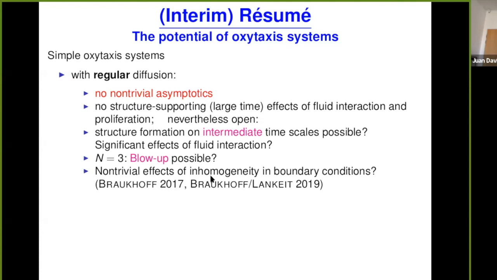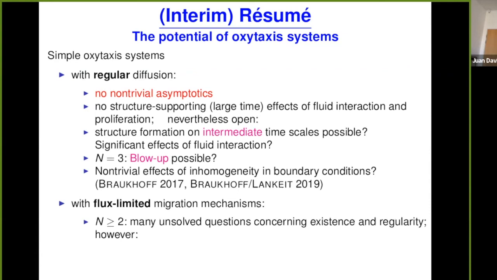It is not clear what happens if you change the boundary conditions, and of course you can dig deeper here in order to save these models and to make them appear more appropriate. However, if you make something completely different already in the beginning of the modeling, if you insert such flux limited cross degeneracy migration mechanisms, then you of course encounter many unsolved problems, questions concerning existence theory.